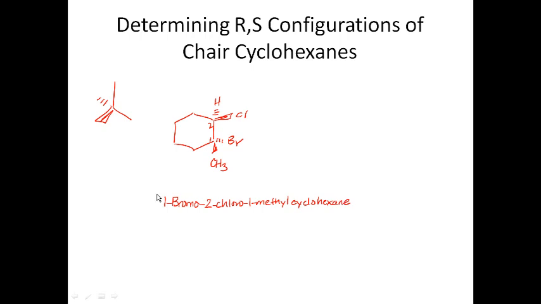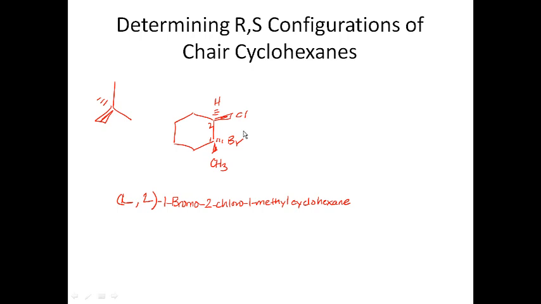And in front of this would be, in brackets, 1 something, 2 something, meaning it'll be 1R or S, 2R or S for the 1-bromo-2-chloro-1-methylcyclohexane. So we have to determine the configurations of carbons 1 and 2 for this molecule.